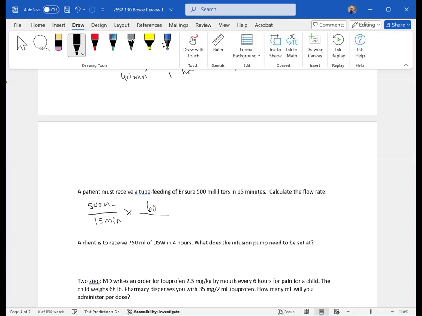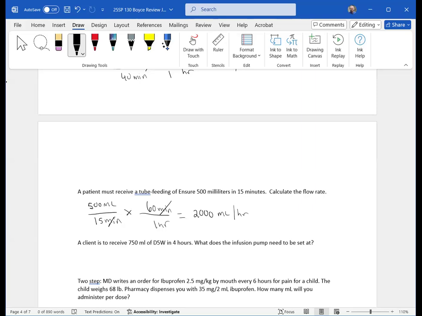So 60 minutes, 1 hour, that cancels out. And then you just take 500 times 60 and then divide it by 15. And then you get some ridiculous number here, but it's 2000 ml per hour.